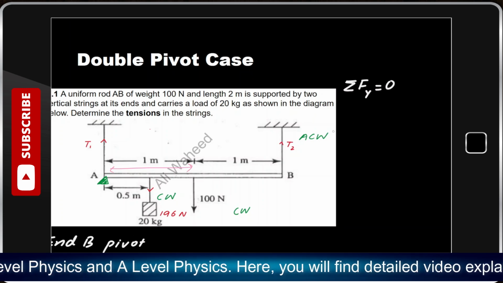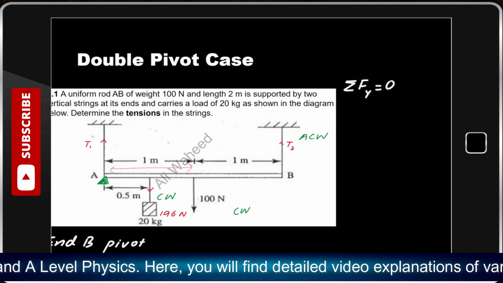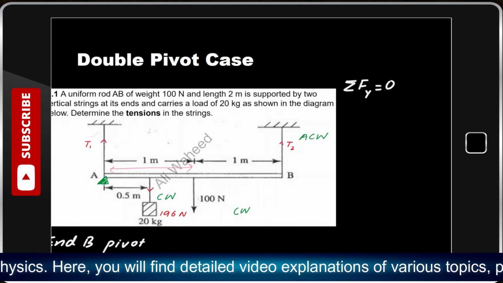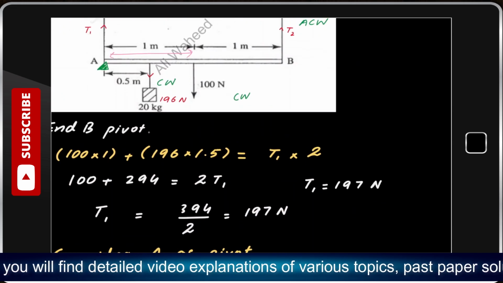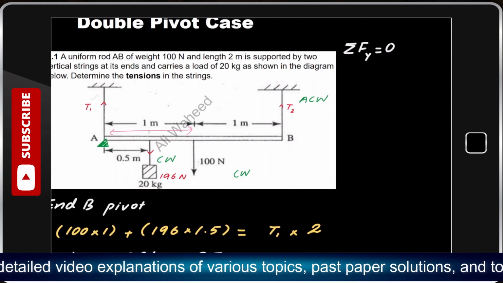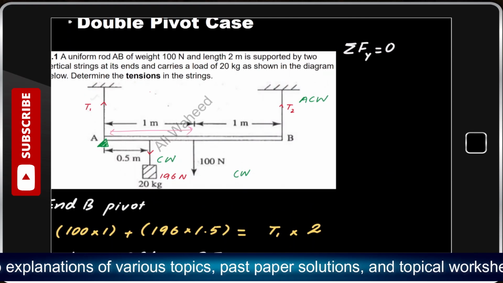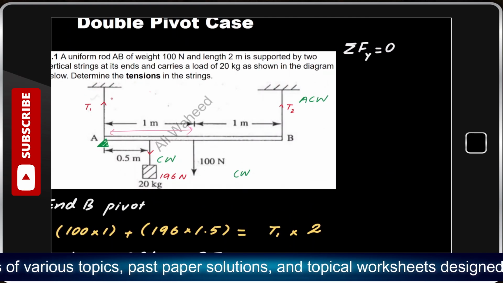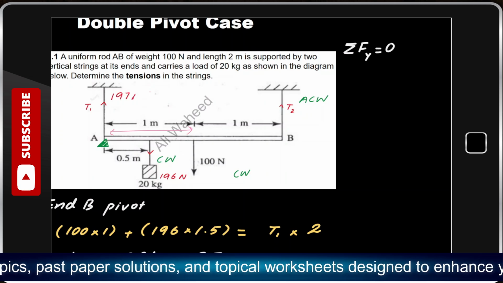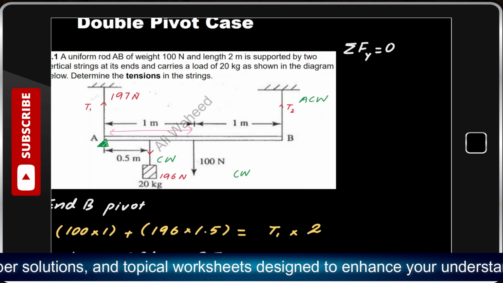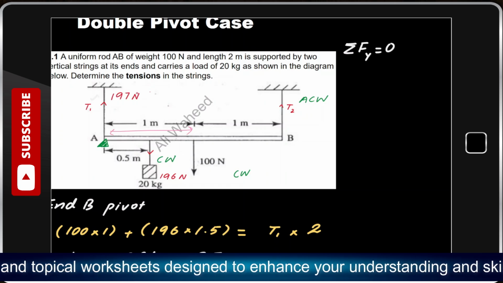So what are the forces upward? Let's say we have found only the first force. We haven't found the second one. The first force T1 was 197. So this is the method of finding the second force only. But you have to find the first force by the same method, considering one point as a pivot.